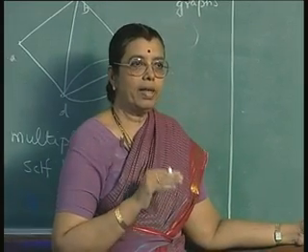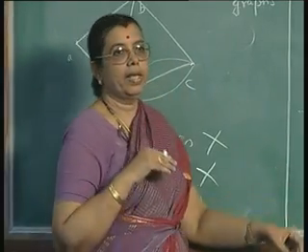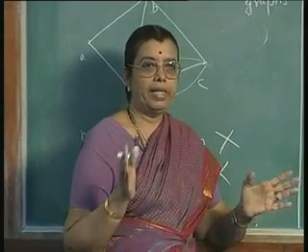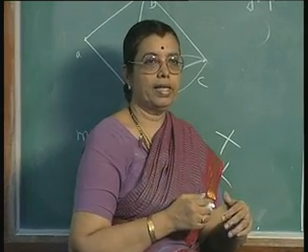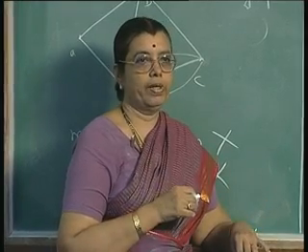It is not necessary that the lines joining them should be straight lines or curves, or that the distance between the two nodes should be something. That is not at all necessary. It is an abstract model of which node is connected to which node.